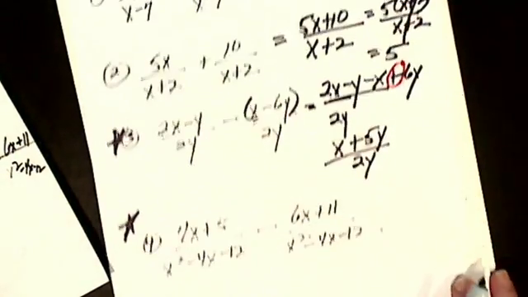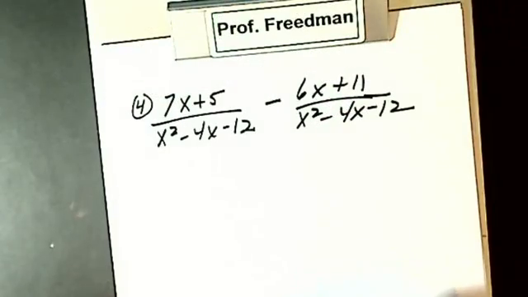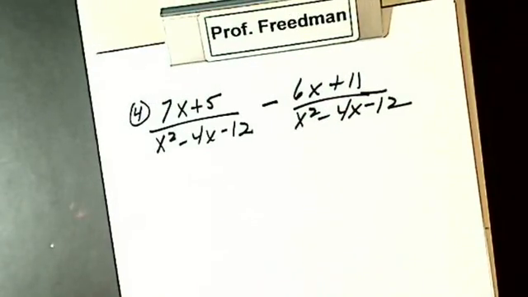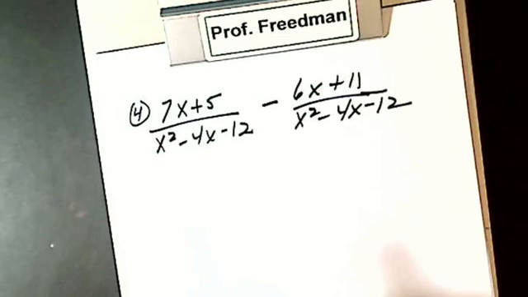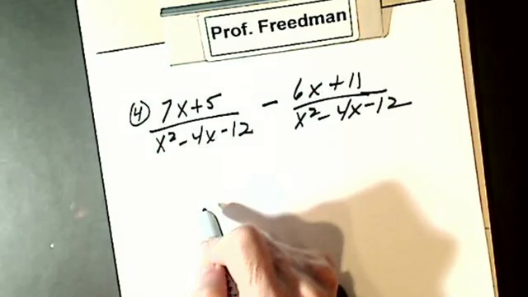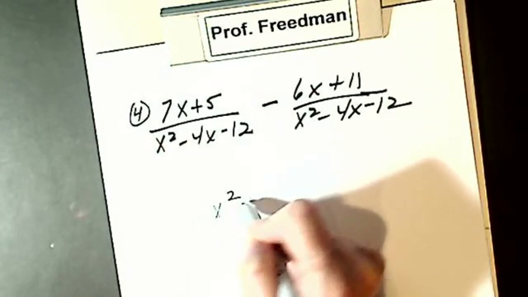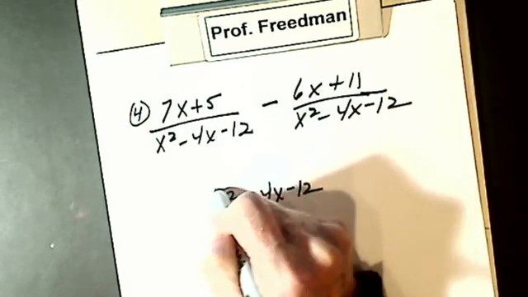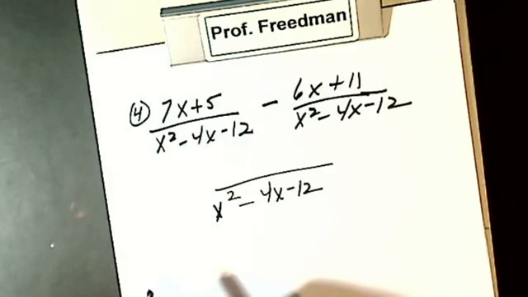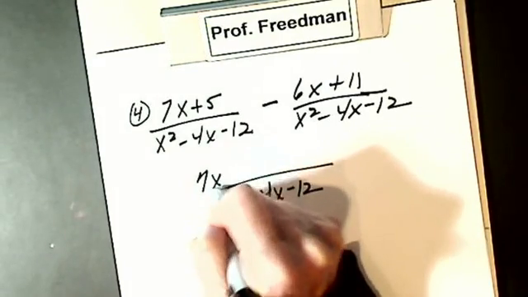All right, last one. We have to do the last one with same denominators. So I look and I see, first of all, it's addition, subtraction of fractions. I see I have the same denominator, so I put it down. X squared minus 4x minus 12. I combine like terms, so I have my 7x plus 5.